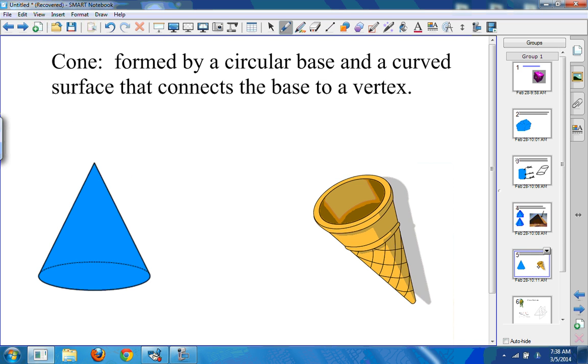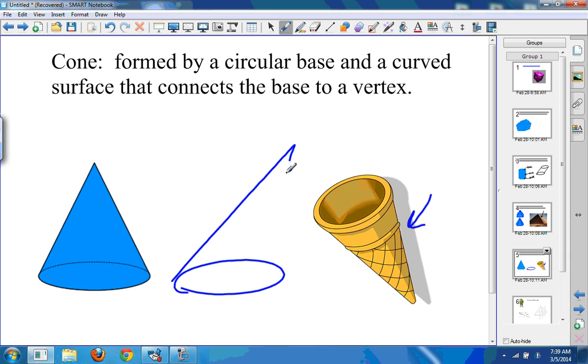The last shape we're going to take a look at is a cone. You guys are probably familiar with an ice cream cone. A cone has a circular base, and then it curves into a point at the top. Also, we have a cone that looks like this. It can be slanted. It doesn't have to be straight up and down.